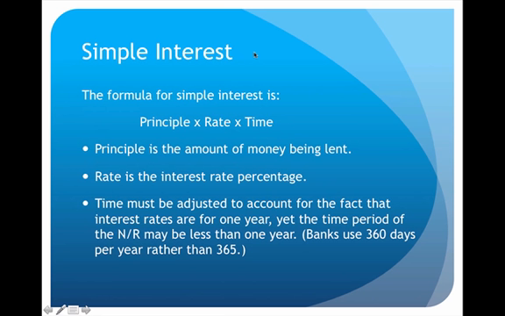The formula for simple interest is principal times rate times time. To look at each one of these components specifically, first of all, the principal. The principal is the amount of the debt or the amount of money that we are lending, or it could even be the amount of money on a sale. But that's actually the money that the person owes us. That's the principal.